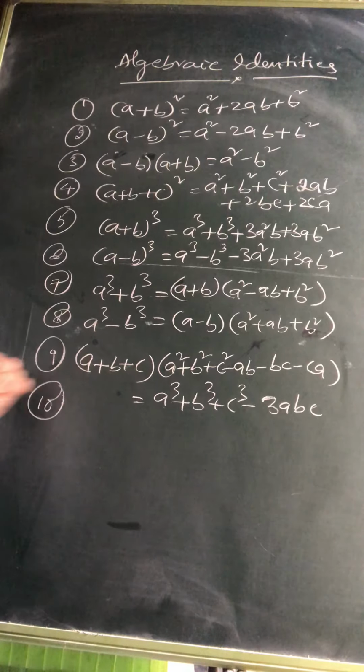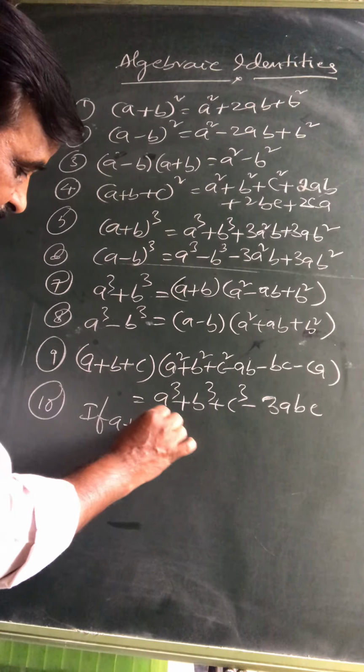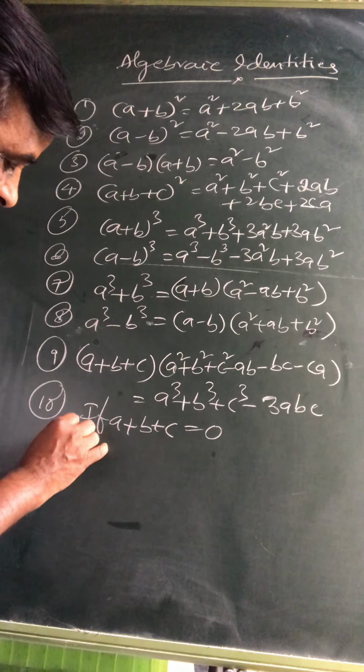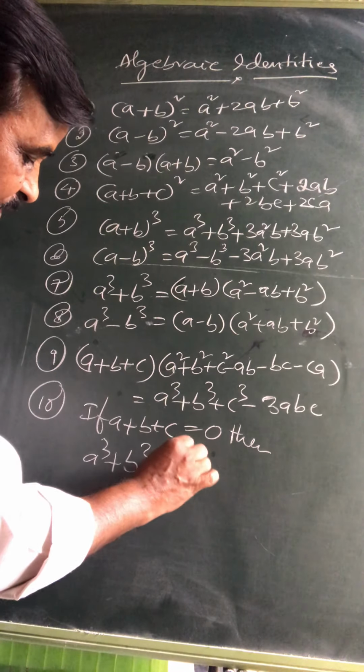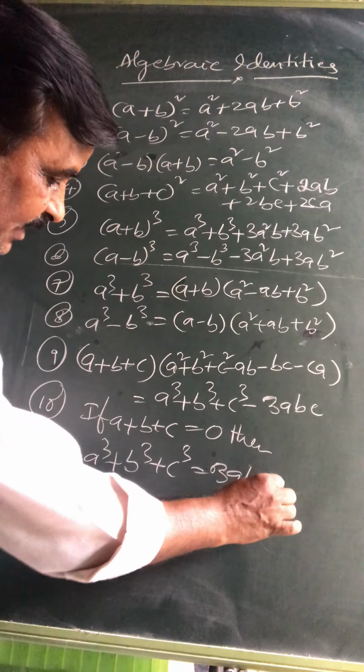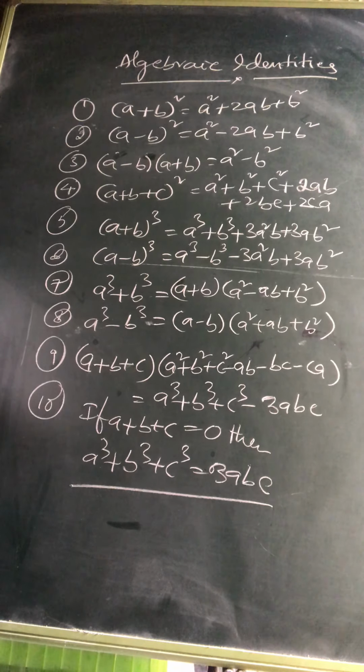And one more here: if a + b + c is equal to 0, then a cube plus b cube plus c cube is equal to 3abc. These are the identities which will help us to factorize the problems from this exercise. In the textbook, very few problems are given, but we will practice from another reference book, that is RD. Okay, you have to go through it again.